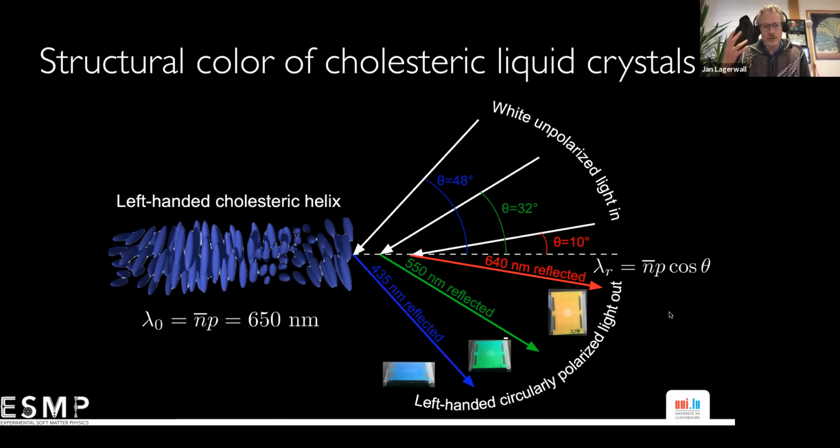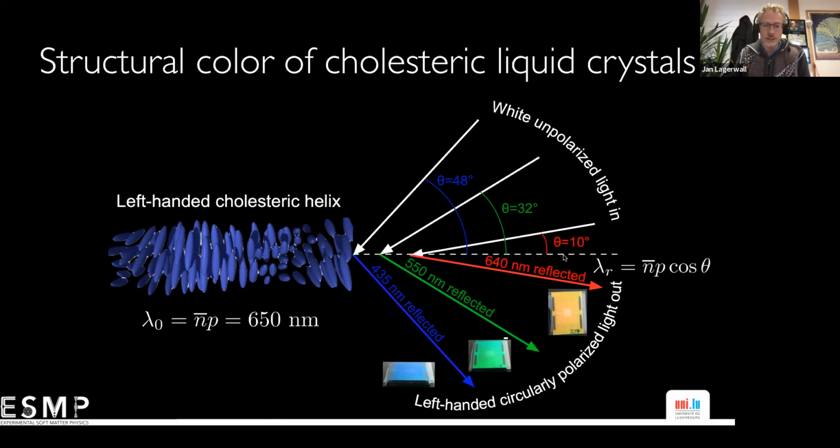And the outcome of this is that you get very strong reflection because light cannot propagate if the wavelength matches the apparent period in the structure, and the apparent period, of course, depends on the angle with which light enters with respect to the helix in this case.